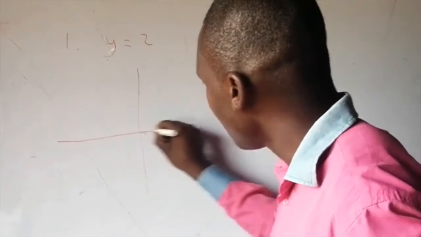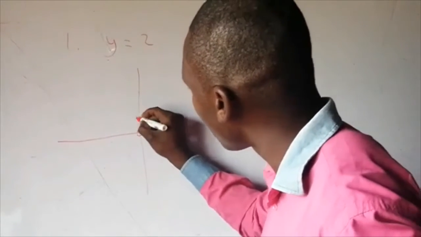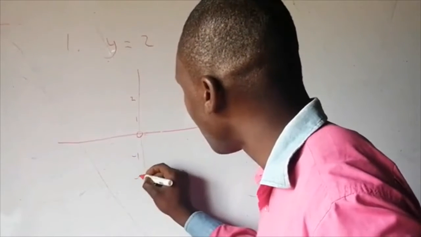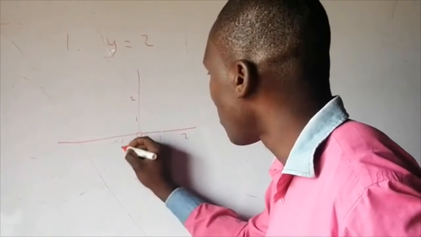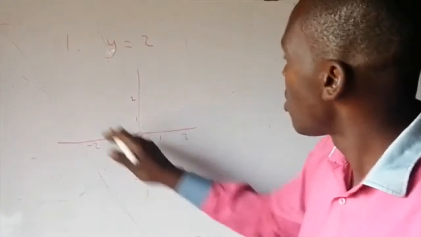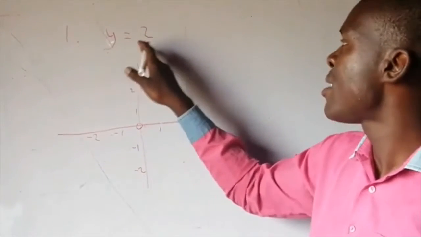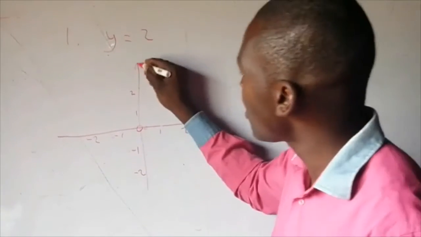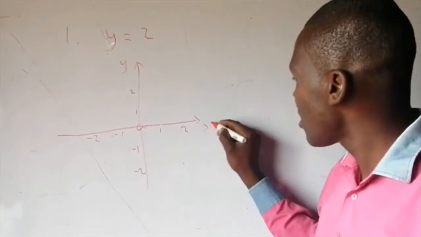On our Cartesian plane, this is the origin, 1, 2, -1, -2 on each axis. This is the y-axis. This is the x-axis.